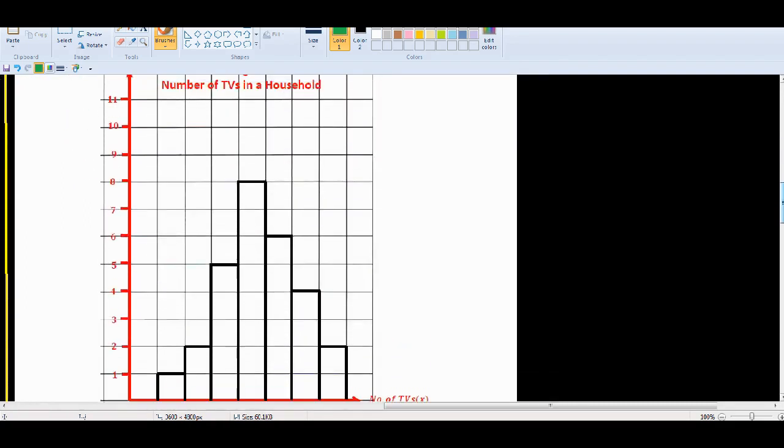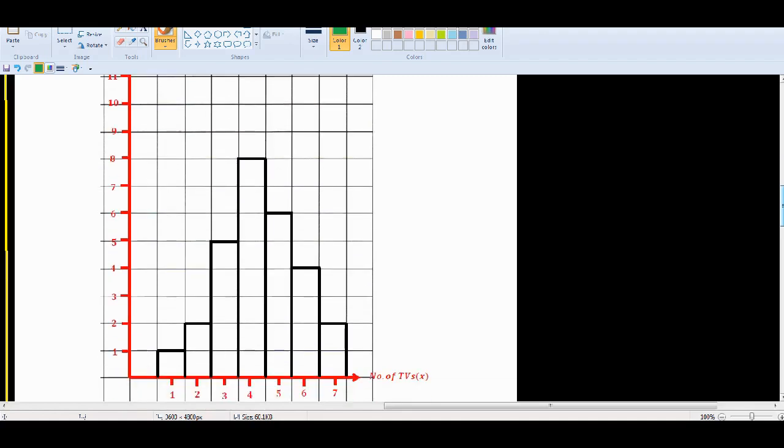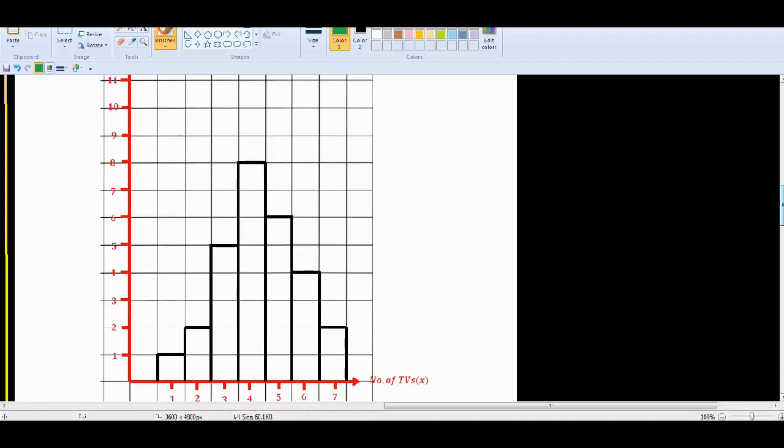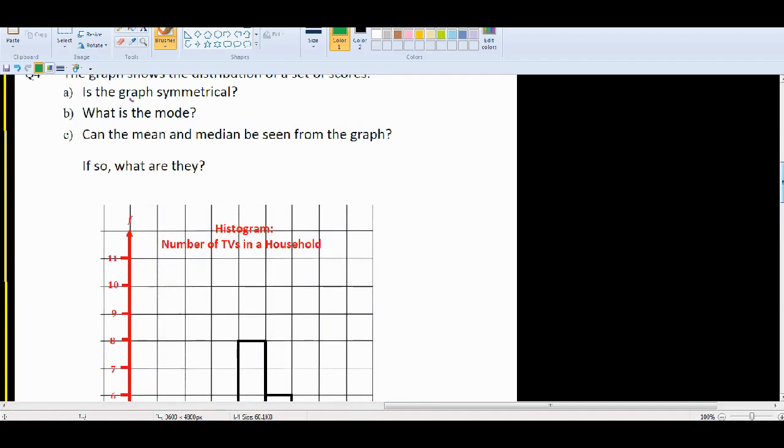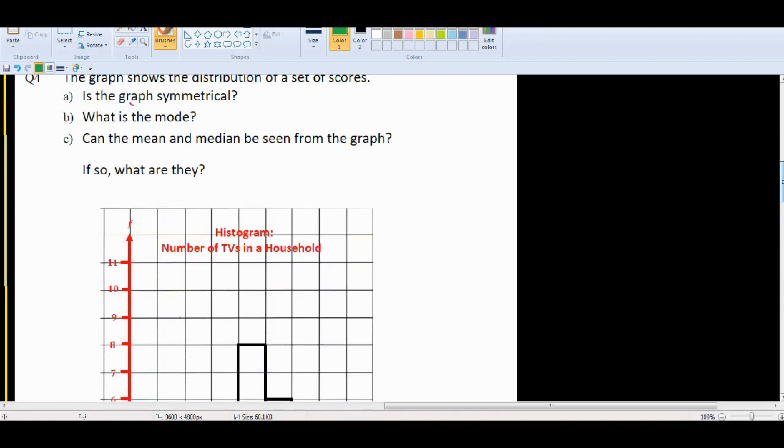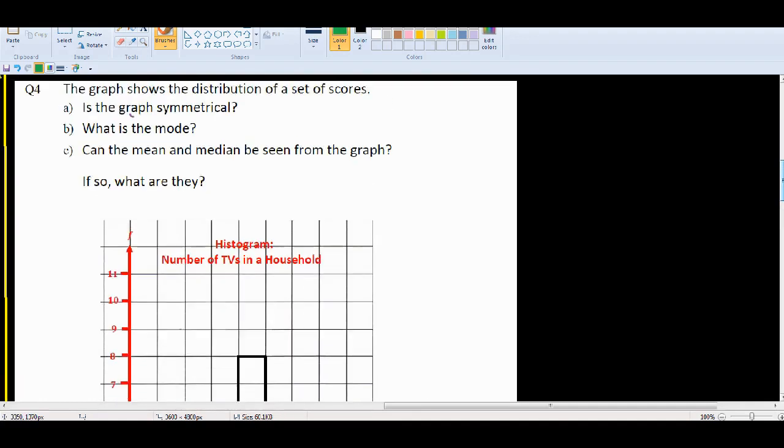First, whether this is symmetrical. It's not perfectly symmetrical, but we still treat it like a symmetrical distribution in statistics. So the first question is, is the graph symmetrical? You answer yes.